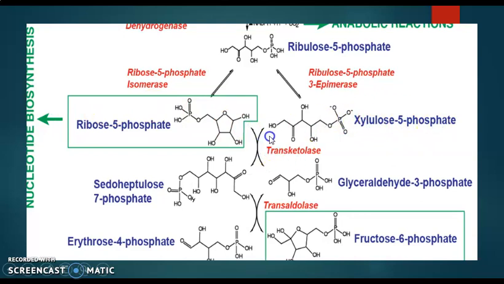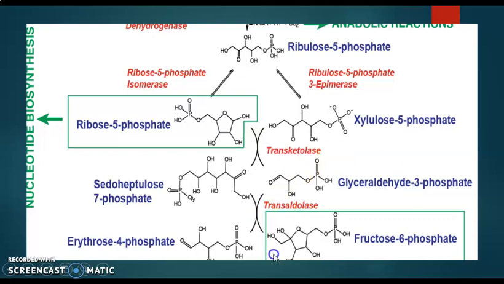The next step is this xylulose 5-phosphate. Here also different enzymes are acting, transketolase and transaldolase. We have already said. So the xylulose 5-phosphate can be converted to what? Glyceraldehyde 3-phosphate and sedoheptulose 7-phosphate. So this is a 7-carbon sugar, sedoheptulose 7-phosphate, and this is 3-carbon, glyceraldehyde 3-phosphate.